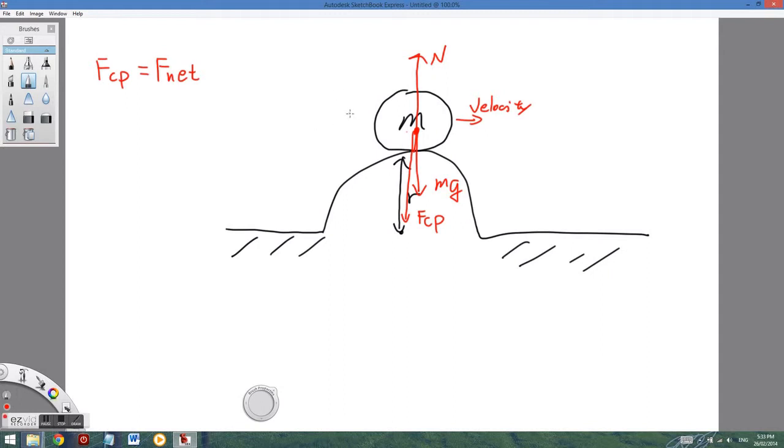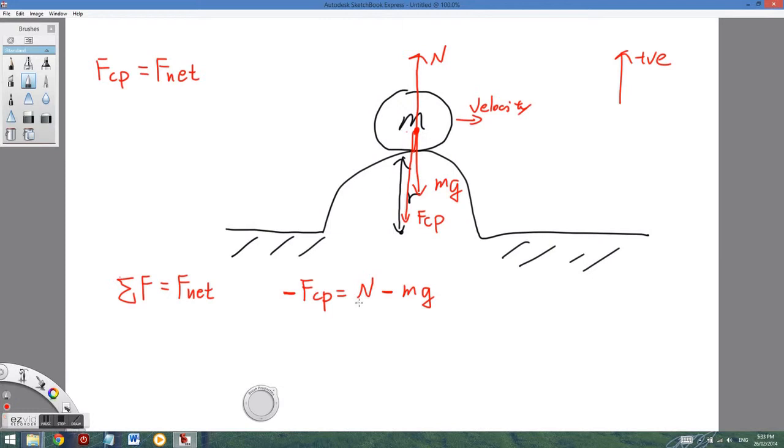Let's write down an equation using Newton's second law. The sum of all forces is the net force. So my net force, the centripetal force, equals the normal force take away the weight force, because the centripetal force is in the minus direction, it goes down, and this is positive.